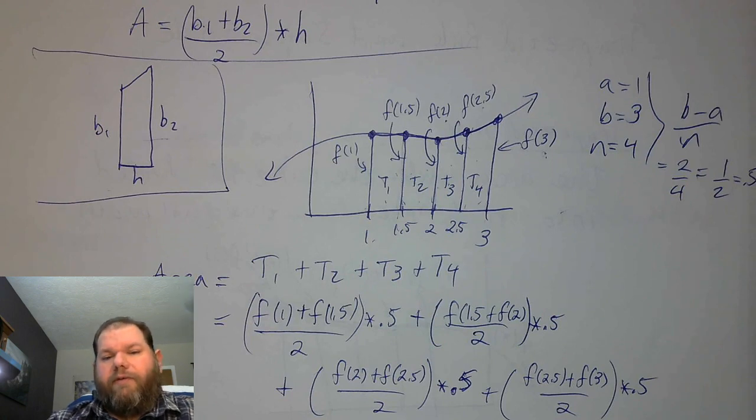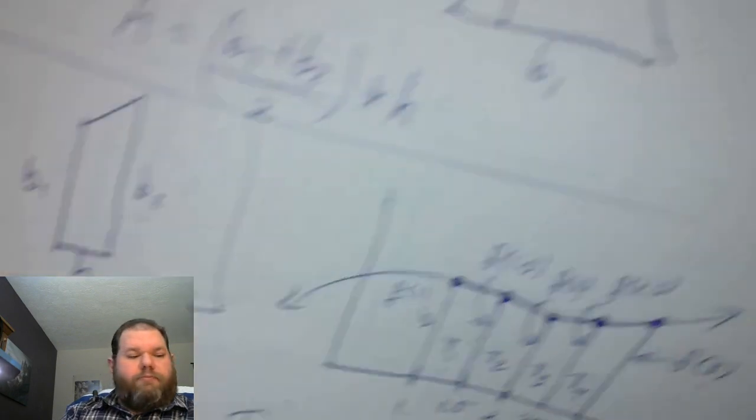That's the goal that we have here. So, hopefully that will inform us as far as what the process does and how it could be extended to using more and more trapezoids to be more accurate, basically. Okay.